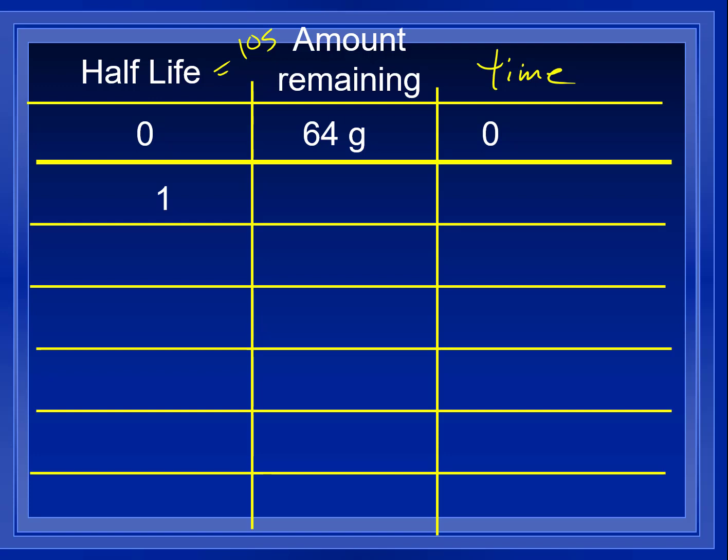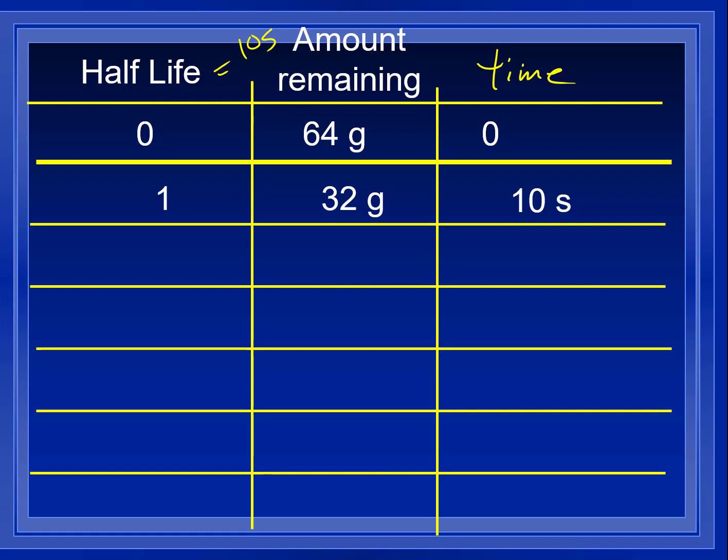Well, I start off with 0 half-life and 0 time, and apparently I'm starting with 64 grams. They must have told me the 64 grams. Okay? So I put the 0, my starting amount, and the 0 for time. Then I go 1 half-life. After 1 half-life, how much is going to be left? 32 grams. And each half-life is 10 seconds, so after 1 half-life, I would have gone 10 seconds.